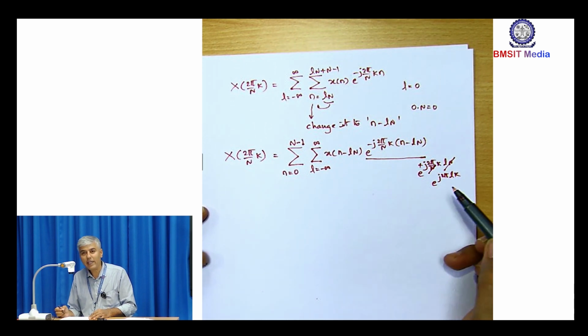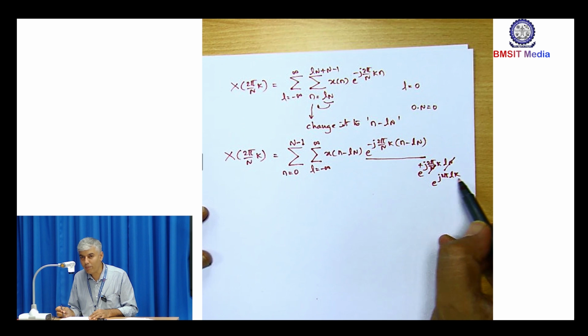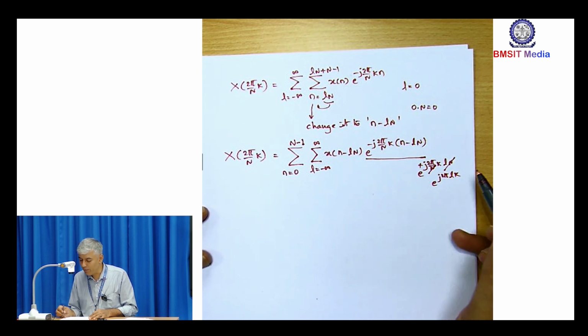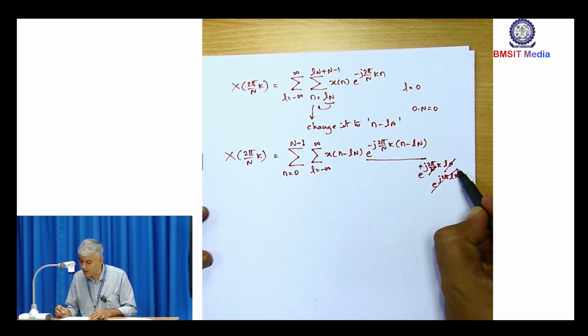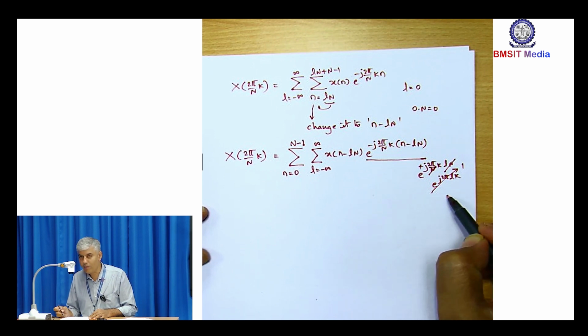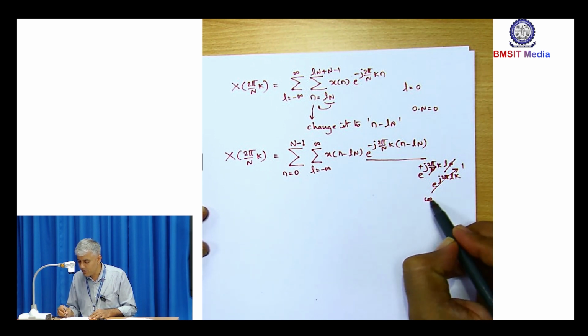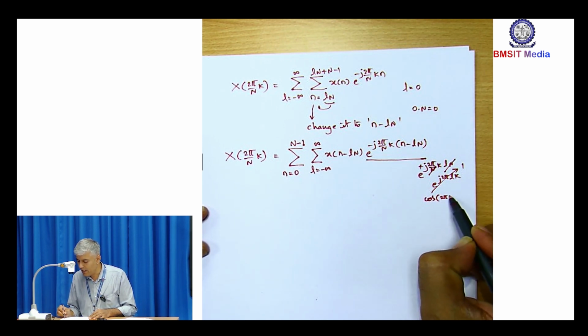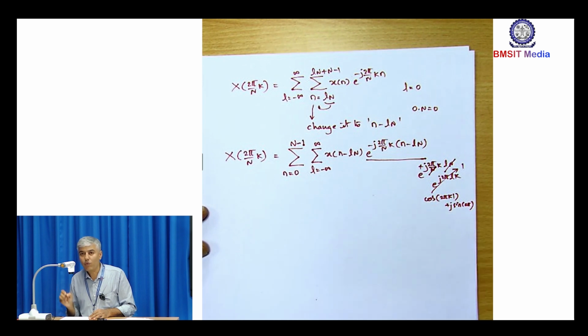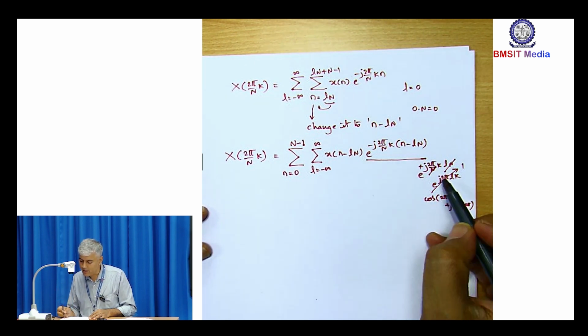So both of them are integers, and the integer product of 2 pi is again 2 pi. So this whole thing equals 1, because it is going to be cos of 2 pi kl plus j sine 2 pi kl. So we will end up with this term being 1.